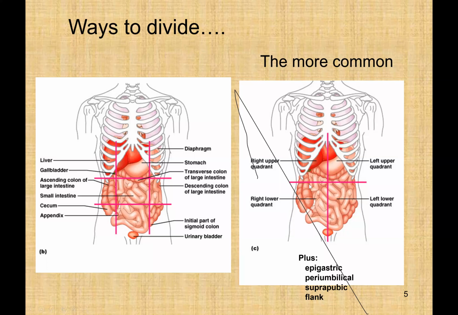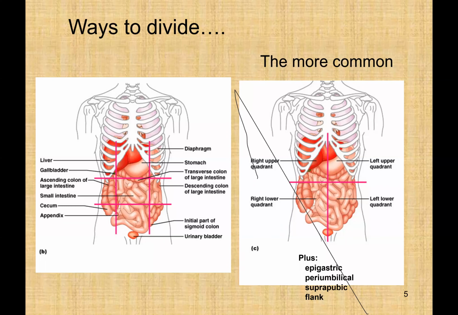And then when we come to the most common one, which is the 4 common ones, we have the right upper quadrant and the left upper quadrant. Aside from that, we have the epigastric, the periumbilical region, the suprapubic, and then the flank region.